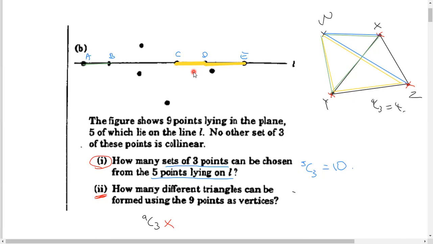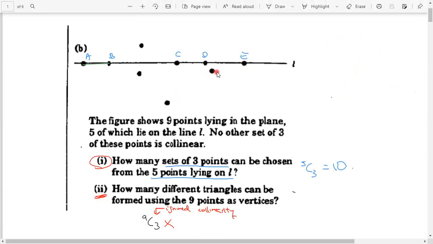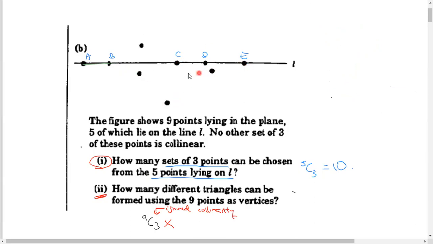So what we're really saying here is that to get a triangle, you need to pick 3 points which are different, of course. You can't pick the same point. But they also can't be collinear. So when we did 9C3, we ignored the possibility of being collinear. And that means we're going to potentially pick situations where you won't form a triangle. So now you need to pick 3 points and they can't be collinear. It's a bit cumbersome to go, okay, what if I picked 1 on the line, or 2 on the line, and I definitely don't want to pick 3 on the line.